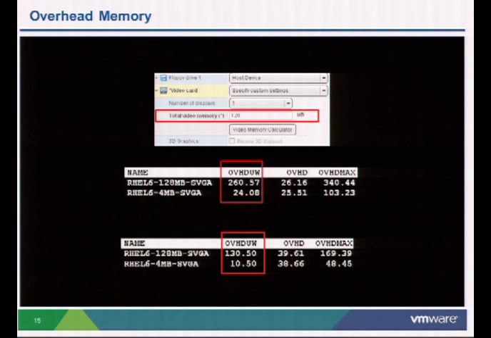So this is not by accident. This is not by some coincidence. We have done a lot of performance work on ESX 5 as well as on ESX 5.1 to reduce the overhead memory consumption. One of the key things that we did is, previously for any user world process, any bookkeeping process that we wanted to handle, we used to reserve memory for its peak capacity so that we never have to swap them out in the worst case of a memory overcommitted scenario.